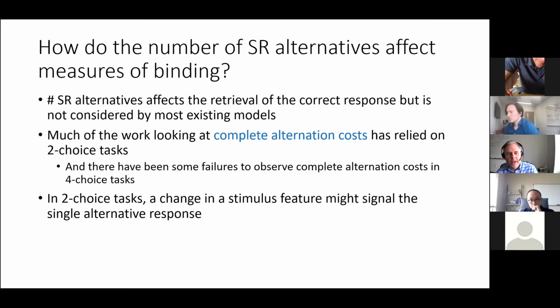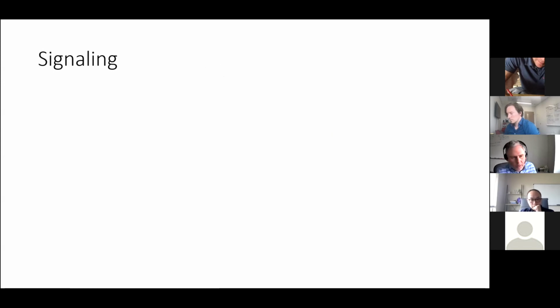Green, okay, I'll hit the right key. It's more that you're looking for a change, and that you can do this task simply by saying, if the stimulus repeats, I'm going to repeat the response, and if the stimulus switches, I'm going to switch the response. And that's a very easy, straightforward way to do the task, and it works very well in a 2-choice task, which might make it different.